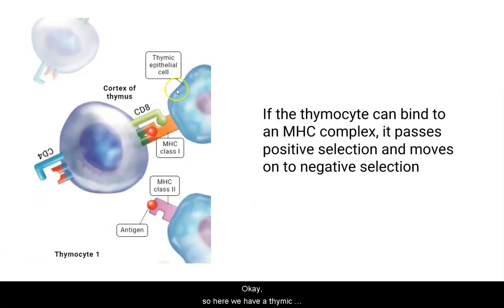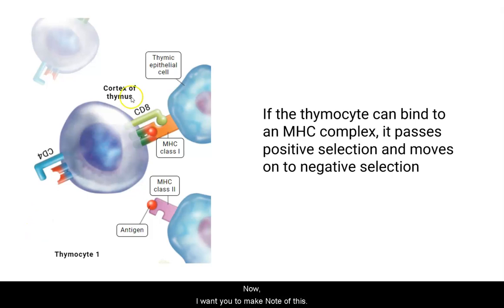Okay, so here we have a thymic epithelial cell. It's using its MHC class 1 molecule to display a self-antigen. The double positive thymocyte is going to bind with its T cell receptor to that self-antigen, and its CD8 co-receptor is going to interact with the MHC class 1 molecule.